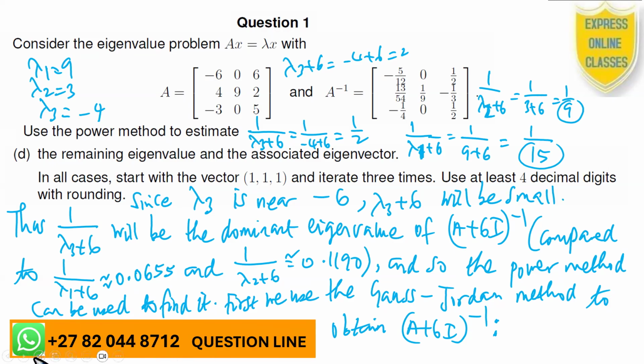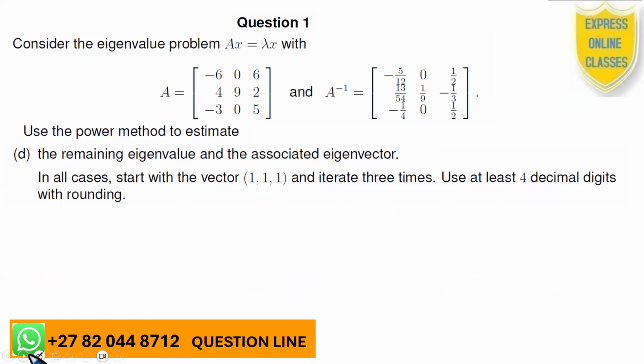All right. So now at this point, if we then take the associated matrix and we're doing the matrix A plus 6I.